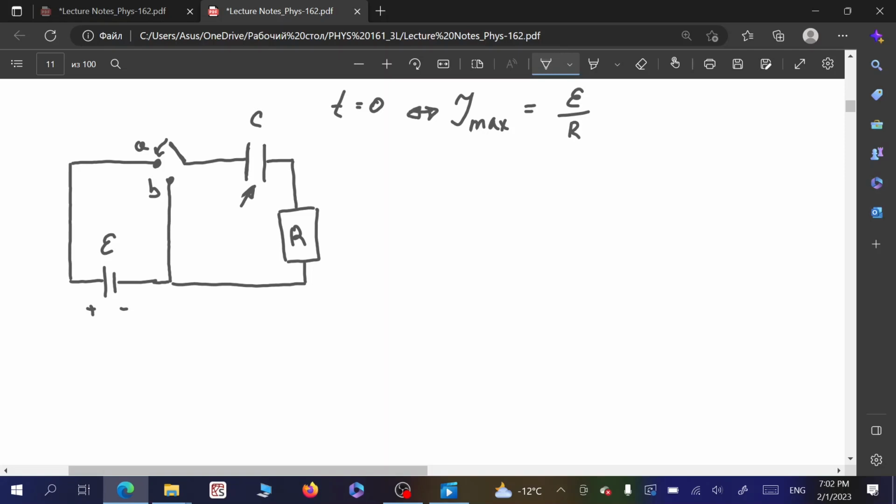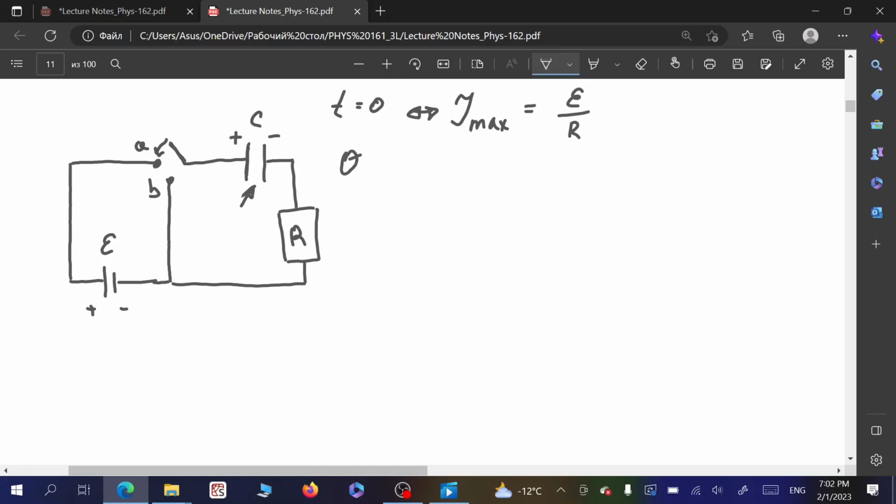As time passes, electric charge will build up at the plates of the capacitor, and its polarity is in the opposite direction to polarity of electromotive force. So they will start to counterforce each other, and current will rapidly decrease until it reaches 0 when the capacitor is fully charged.